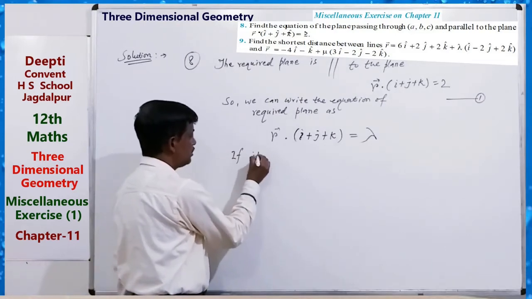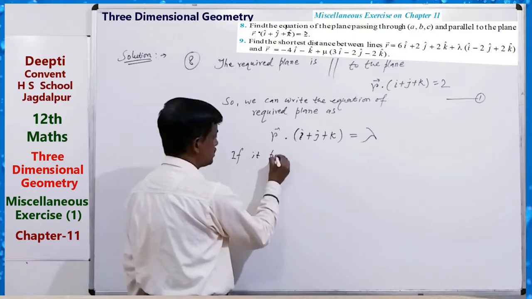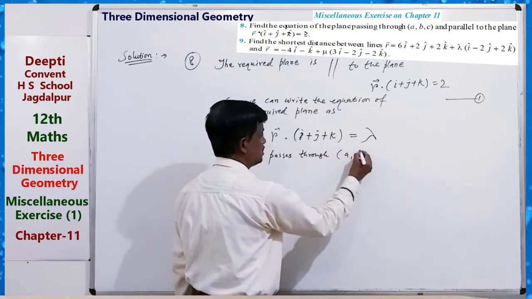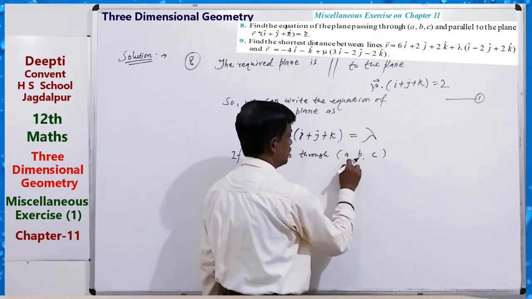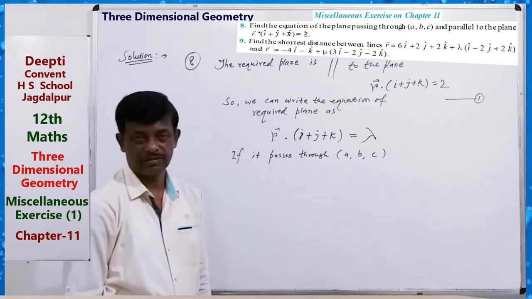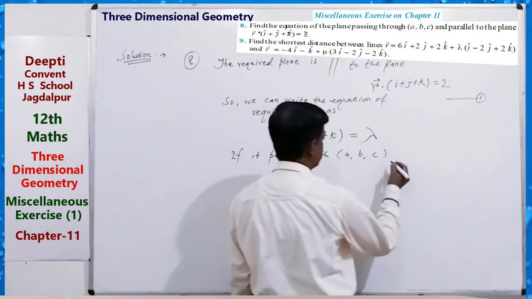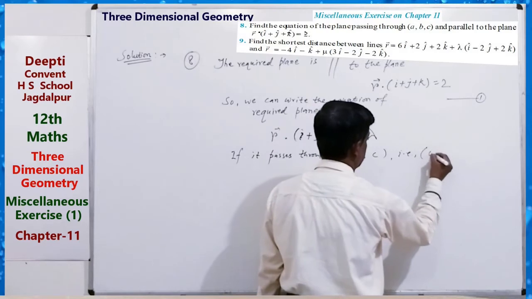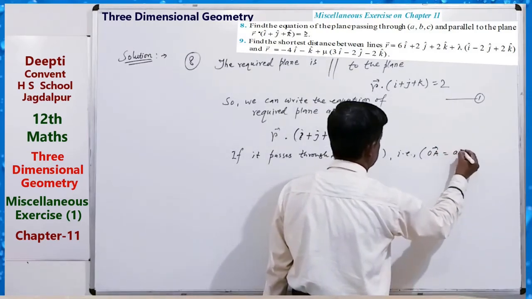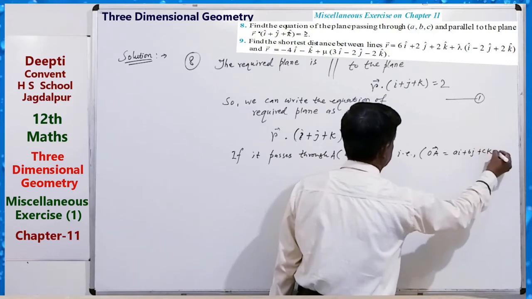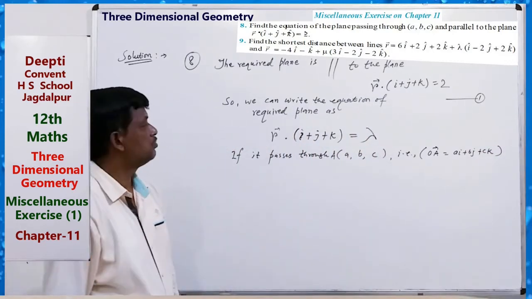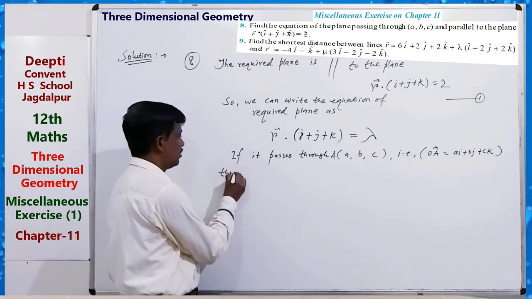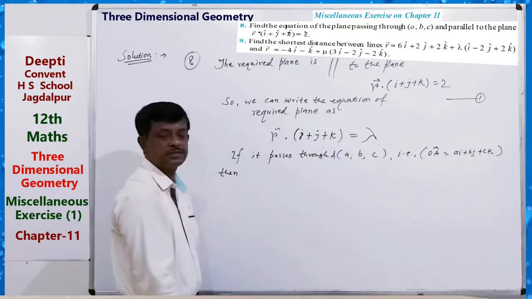If it passes through a, b, c, that is A, with OA equal to ai plus bj plus ck in vector notation, the position vector of this point A, then it will satisfy this equation.